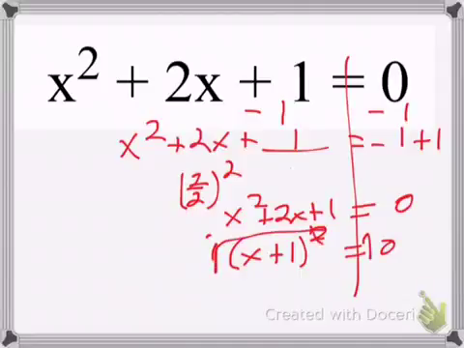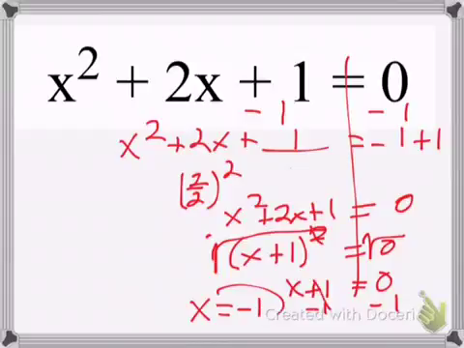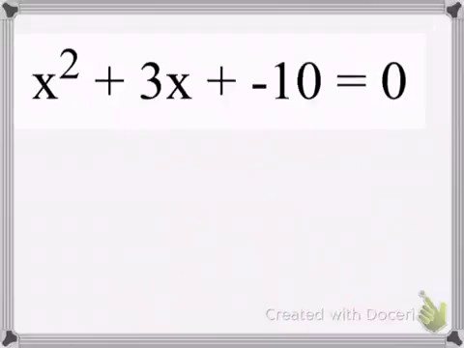The square root of 0 is just 0. x plus 1, subtract 1, x equals negative 1.